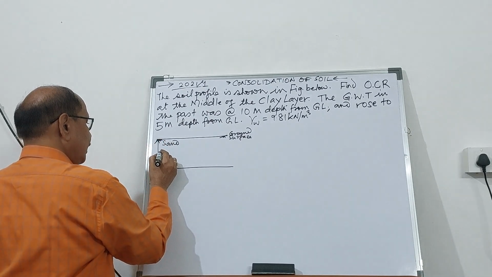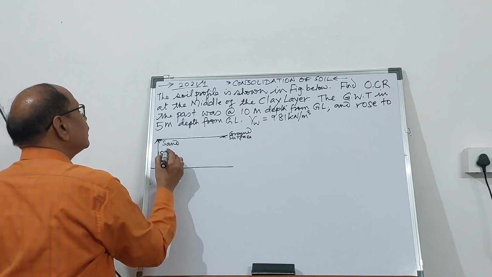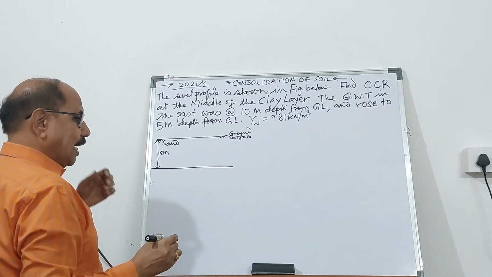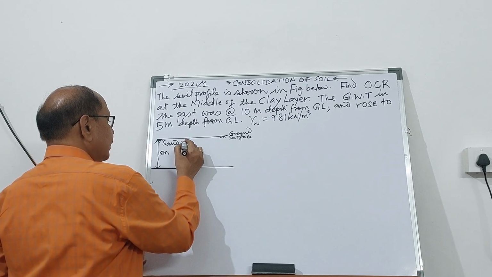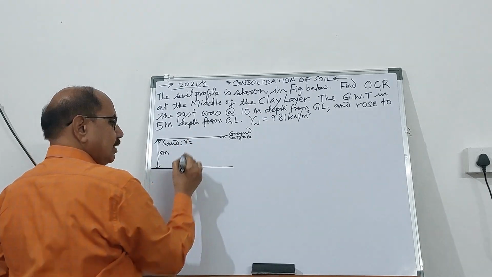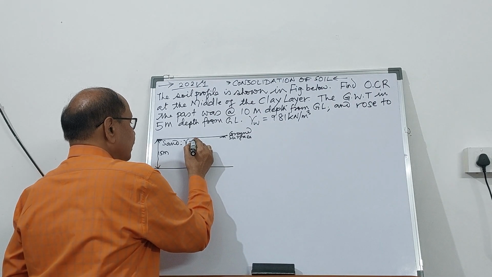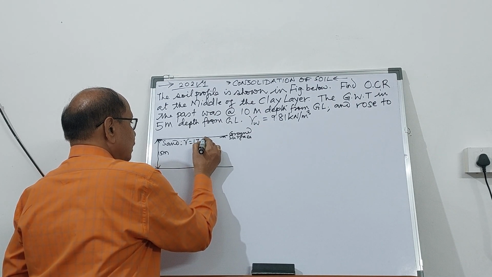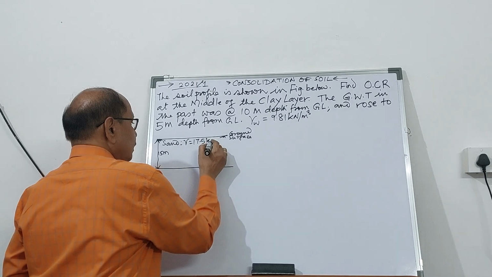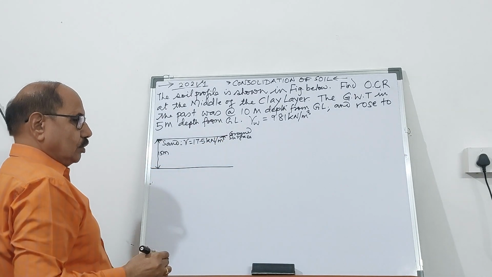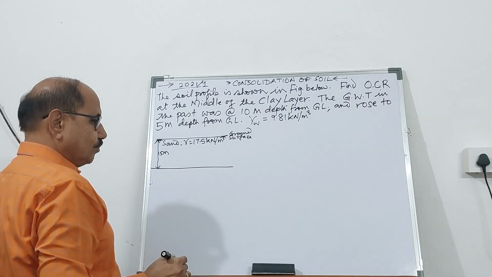The unit weight of sand is given to you as 17.5 kilonewton per cubic meter, as shown in the figure.